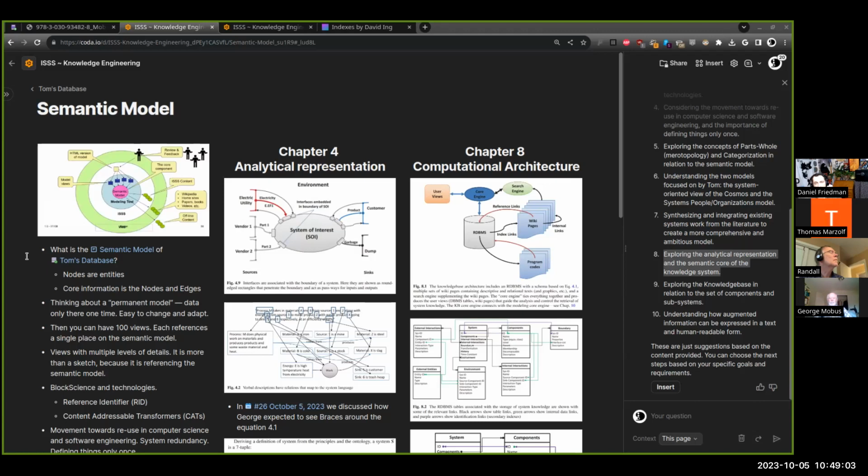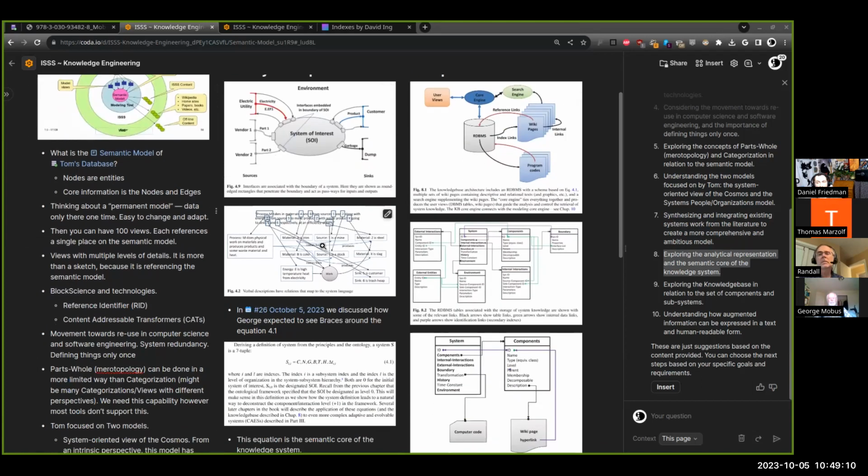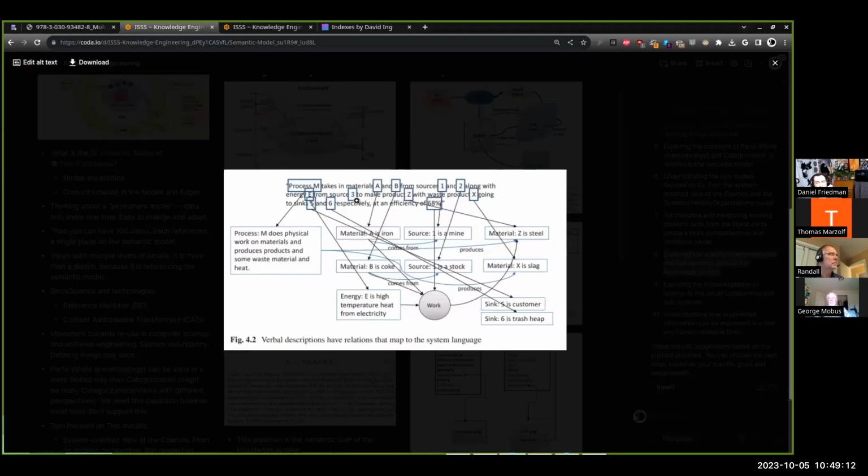If we can look at that plain text output, and then here is a mapping between natural language and the analytical tuple.